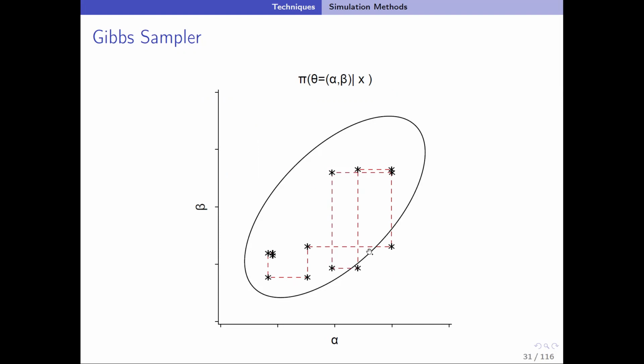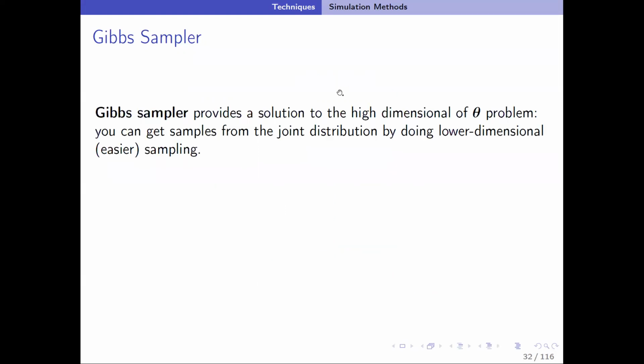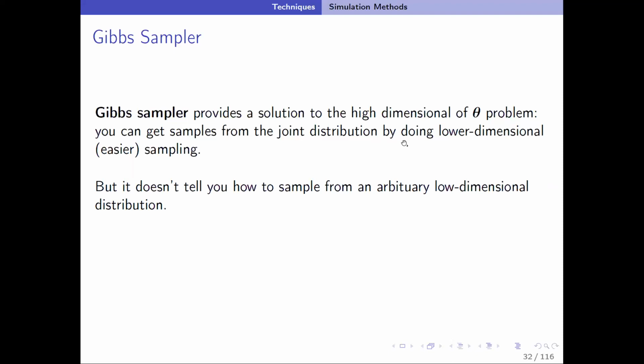By the end of the day, your samples are from this joint distribution. So the contribution of the Gibbs sampler is that it breaks the high dimensional problem into low dimensional pieces. They said if you can do that, you are fine, okay? But it doesn't tell you how to sample from an arbitrary low dimensional problem.